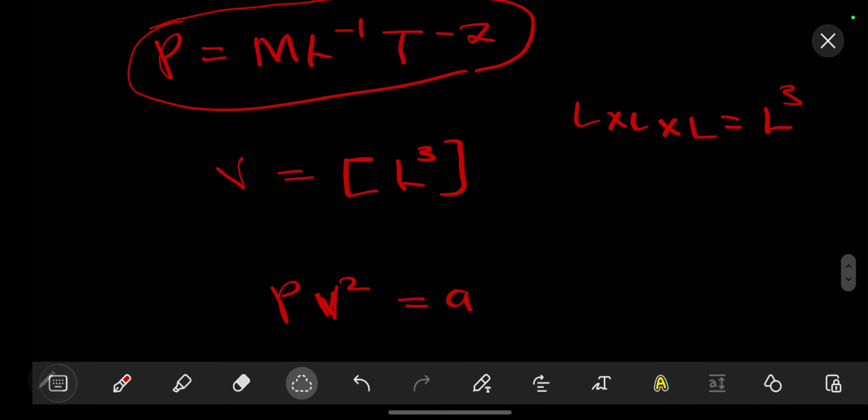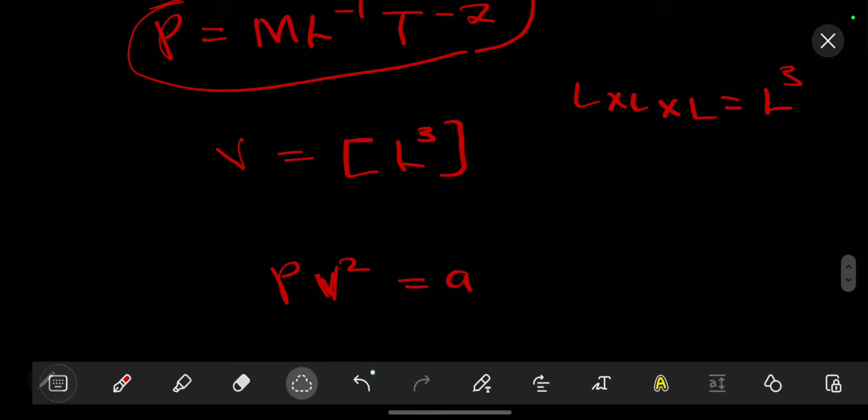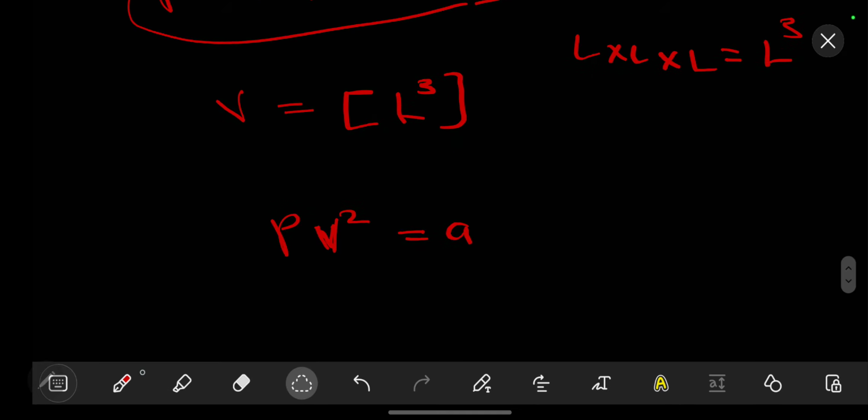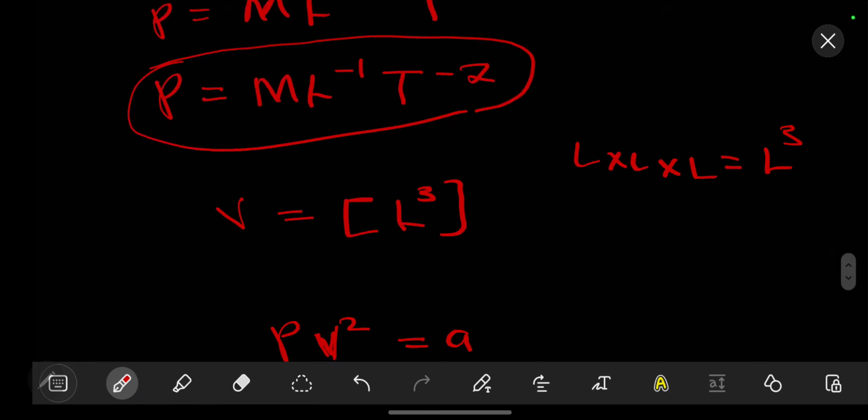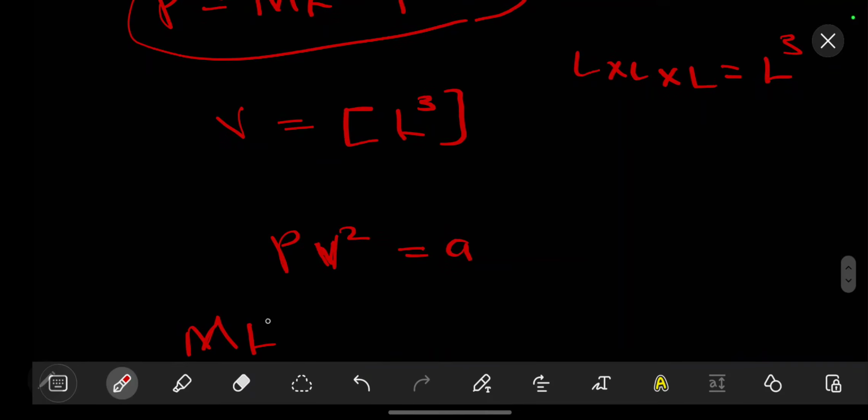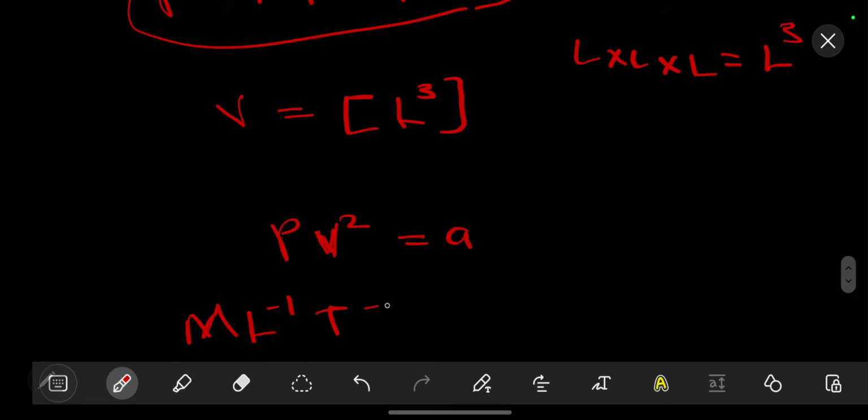Already our pressure is this, so our A should be equal to M L raised to the power -1, then T raised to the power -2, times the volume L cubed, but it's to the power 2, so we are going to have that should be equal to A.